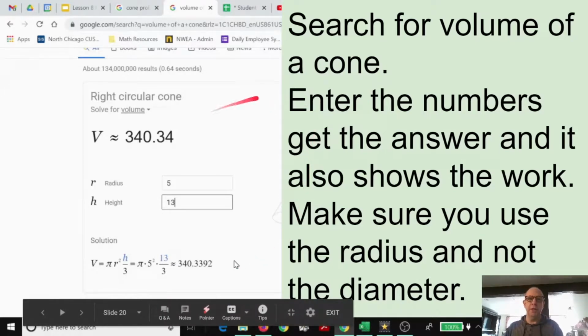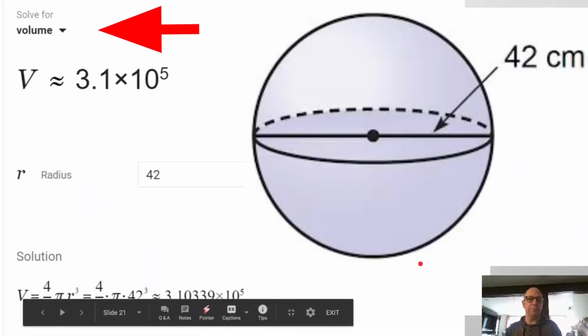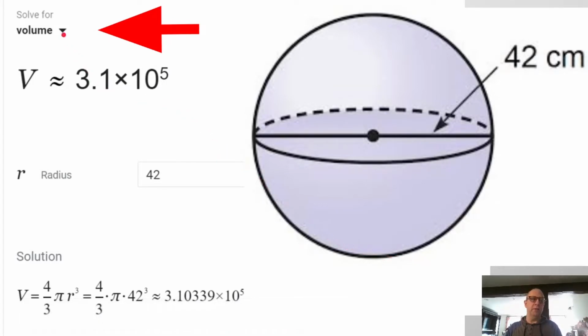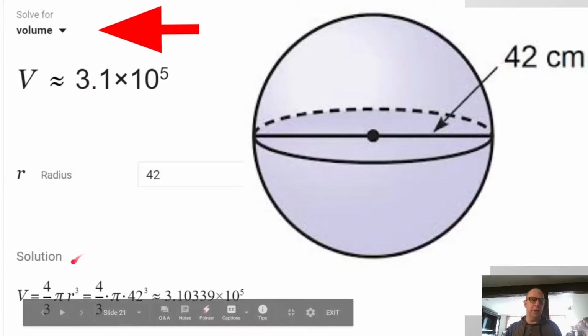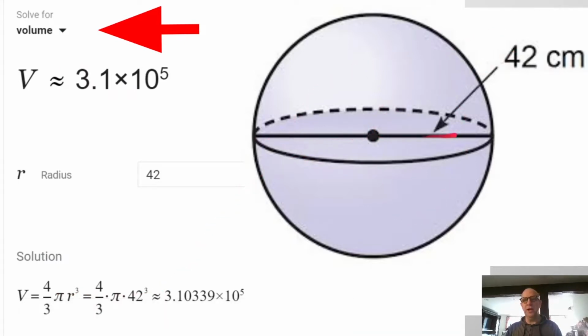Okay, make sure you use the correct radius and not the diameter. A sphere, same thing. Search for a sphere calculator, and it'll give you the sphere, and check your volume. Okay, and it's 4/3 pi r cubed. And actually, I did this one wrong now that I look at it, because this is the diameter.